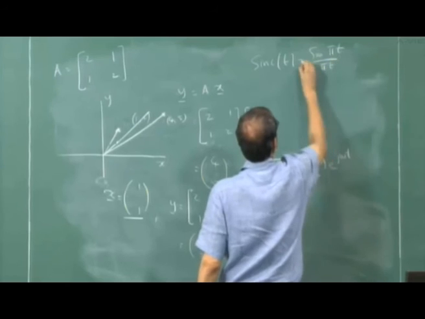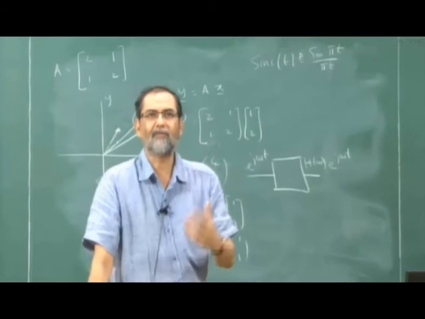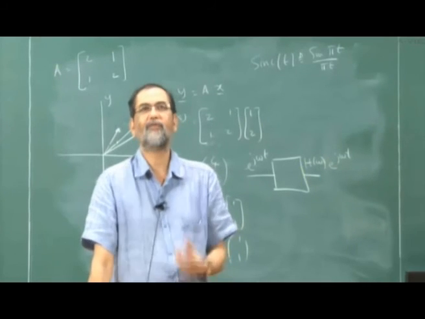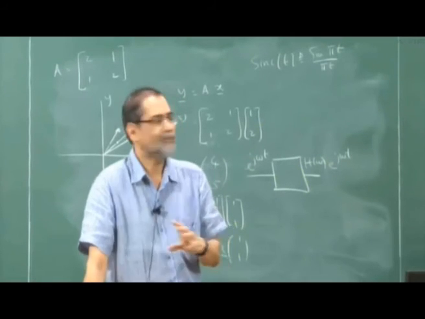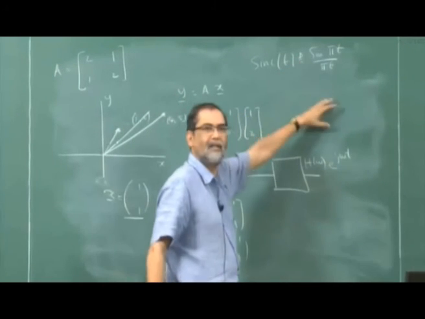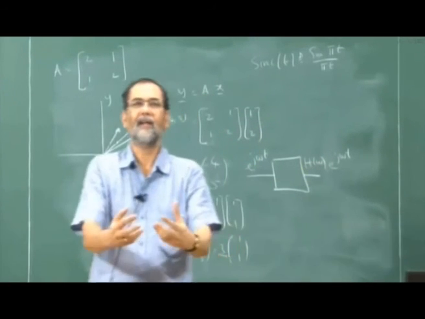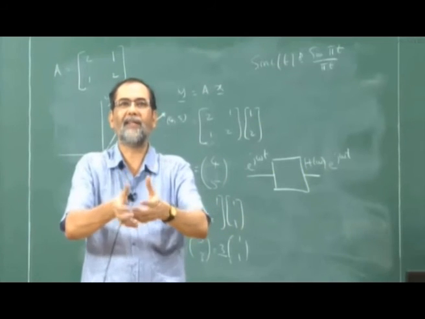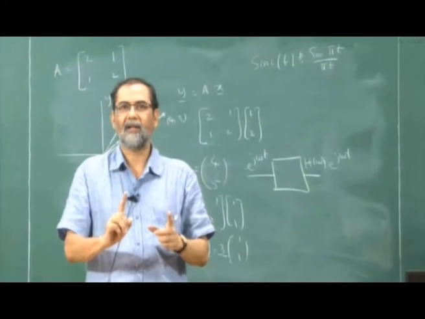This is our definition. The arguments I made were the following: if x of t is a rect function, then its Fourier transform is sin omega by 2 over omega by 2, something similar to this. And I sketched that. Then I applied the limiting argument. Let me squeeze x of t in the time axis, keeping the area constant at 1.